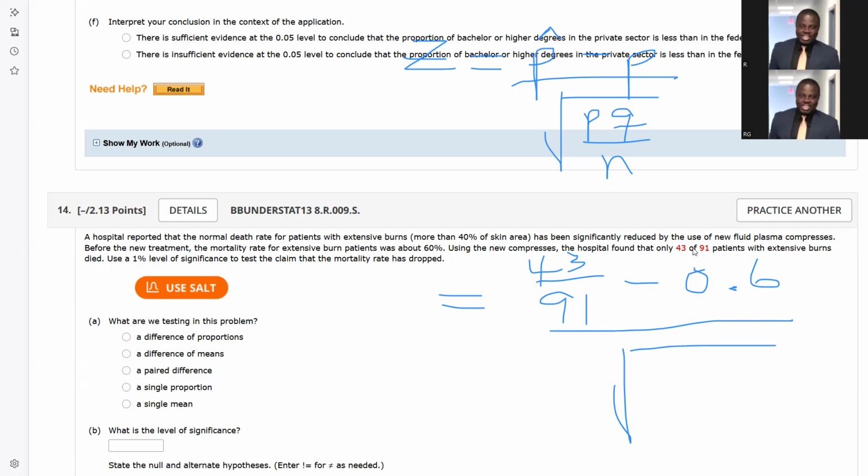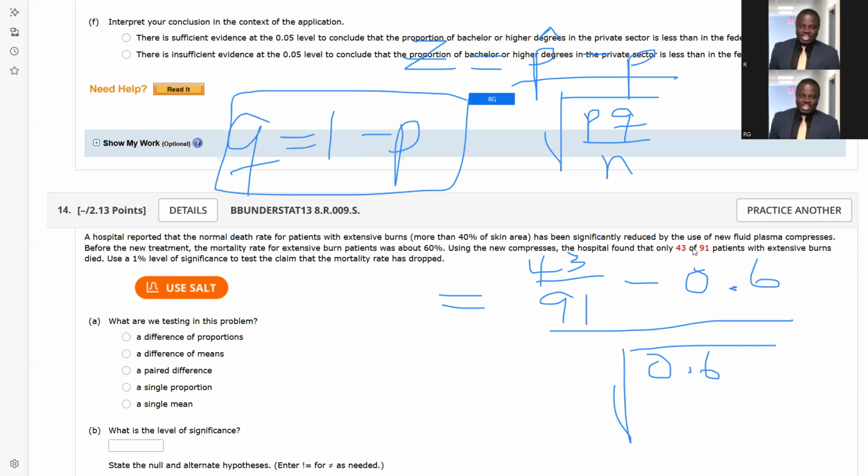So my P is 0.6 times, now Q is 1 minus P. So if P is 0.6, Q is 1 minus 0.6, which is 0.4.